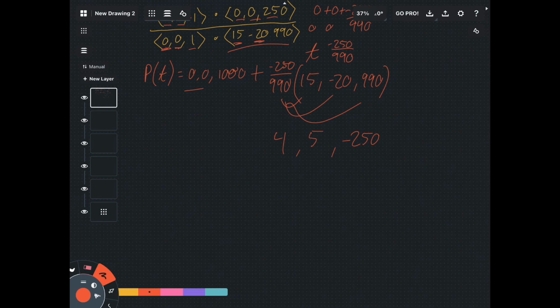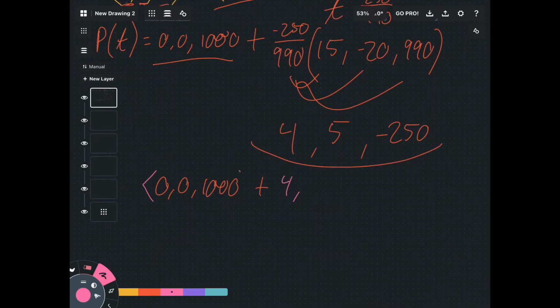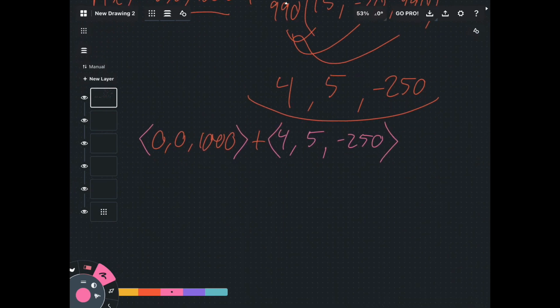So the camera is 0, 0, 1000, and being added to it is our multiplied t value right here, so it's going to be plus 4. Sorry, these should be in vector brackets so that we know that I'm not just a mad lad. 4, 5, minus 250. So you sum each of the corresponding components, and our resulting point is 4, 5, 750.